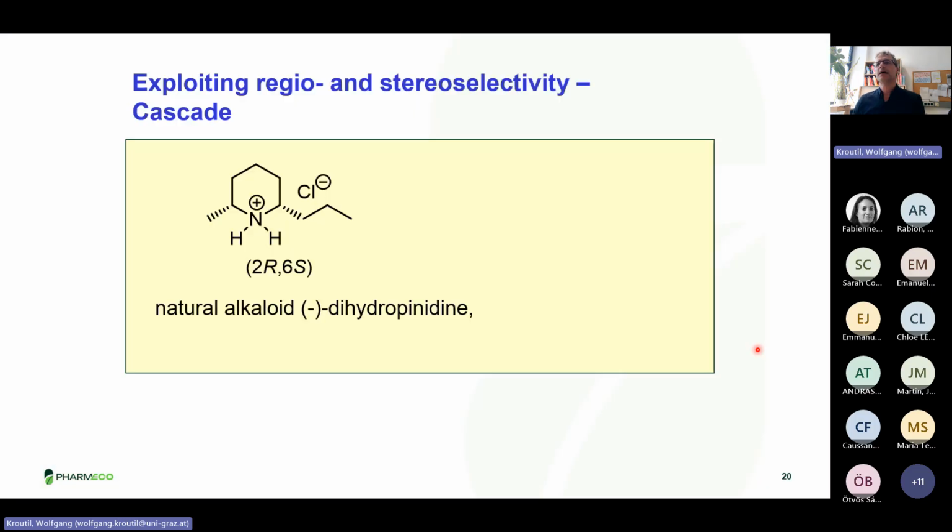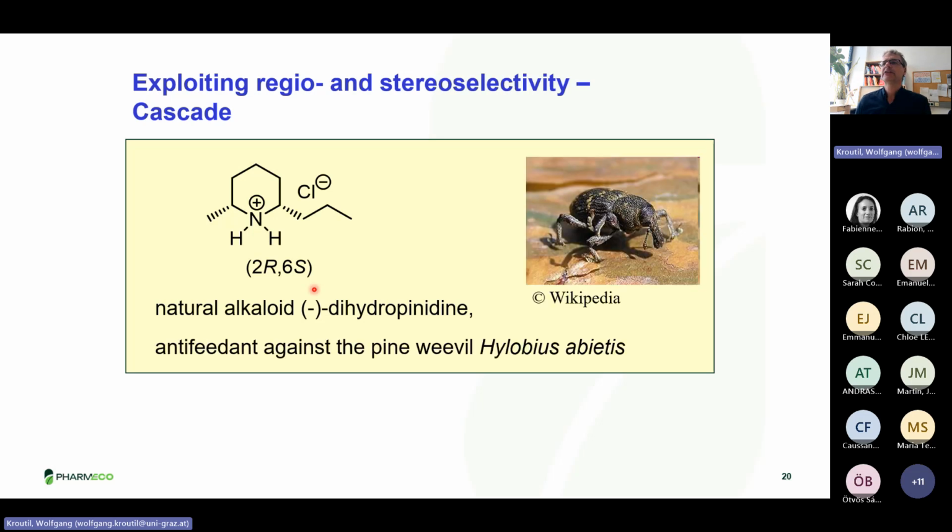Well, in the first example, a natural product, a dihydropyridine, actually, that has antifeedant activity against the pine weevil and some other interesting bugs. We thought we can make this molecule if we break these CN bonds and have here a carbonyl.